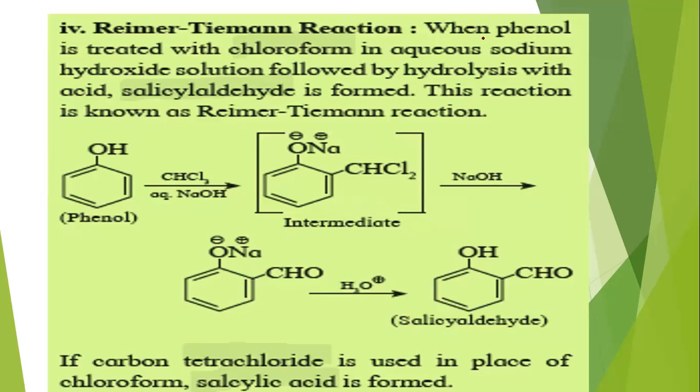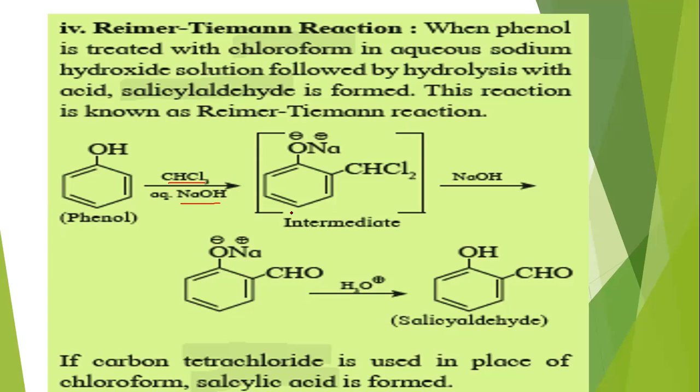Reimer-Tiemann reaction. When phenol is treated with chloroform in aqueous sodium hydroxide, followed by hydrolysis with acid, salicylaldehyde is formed. This reaction is known as the Reimer-Tiemann reaction. So phenol reacts with chloroform, CHCl3, in the presence of aqueous NaOH.